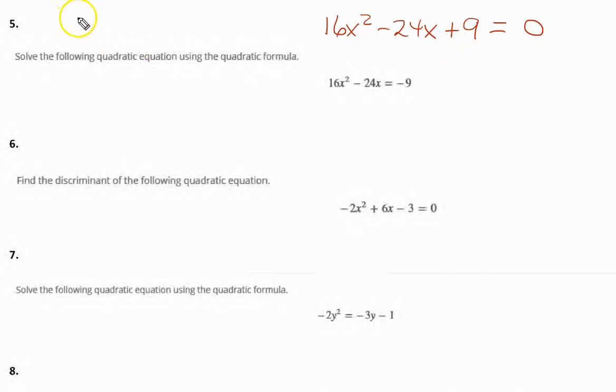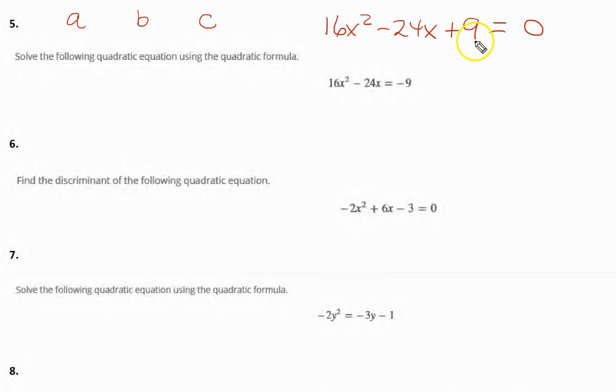The answer is we have to identify the A, the B, and the C when it's in standard form. Because if we use this as a C, it would be a negative here, but actually it's a positive in standard form. So that's critical.